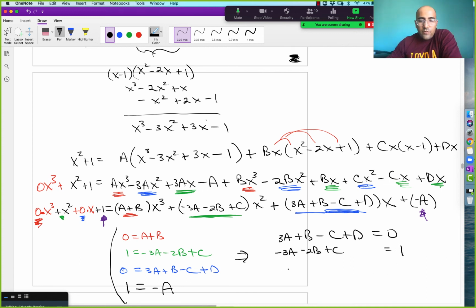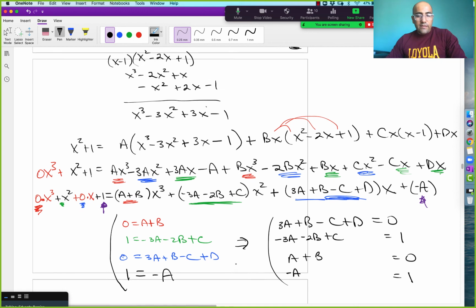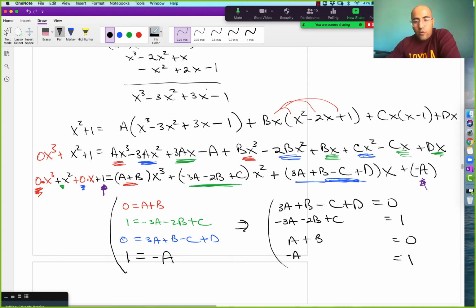The one with two variables, we have that A plus B equals 0. And then finally, the one with one variable, we have that minus A equals 1. Right, so here's just another way of describing it, and see how we can form a triangle? It's a system of equations in triangular form, which means that back substitution will work. It's a fairly easy way of solving it.